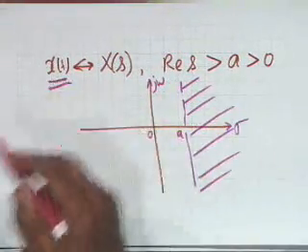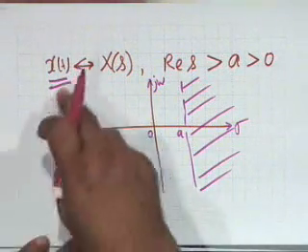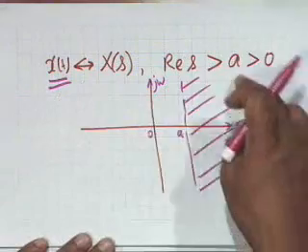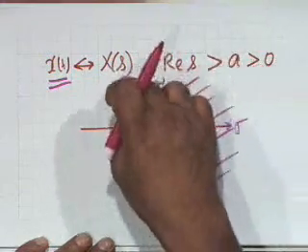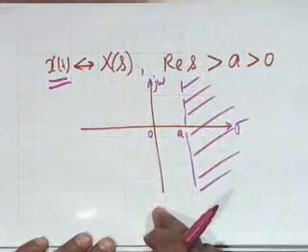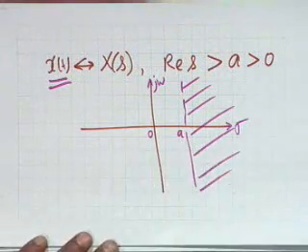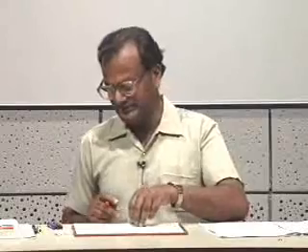Now, what can we say about x of t and its Fourier transform? Obviously, the Fourier transform for x of t does not exist, because the region of convergence, that is the region of s in which X of s converges, does not include the j omega axis. If it includes the j omega axis, we can confidently say x of t has a Fourier transform. Is this clear to you? The region of convergence clearly shows whether the function is Fourier transformable or not, and we shall come to an example of this a little later.